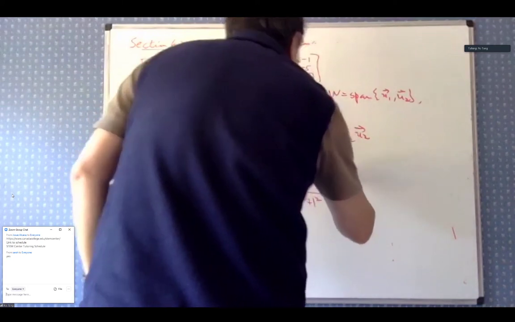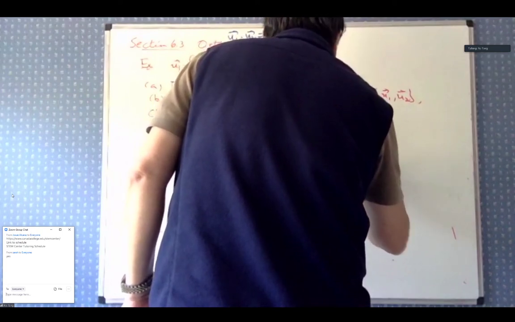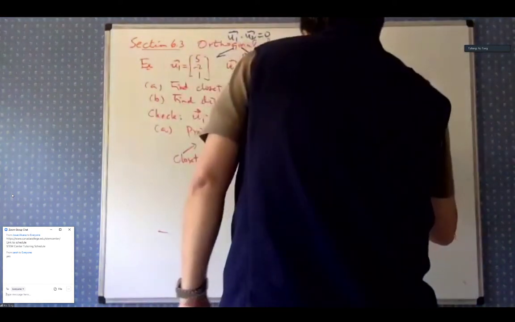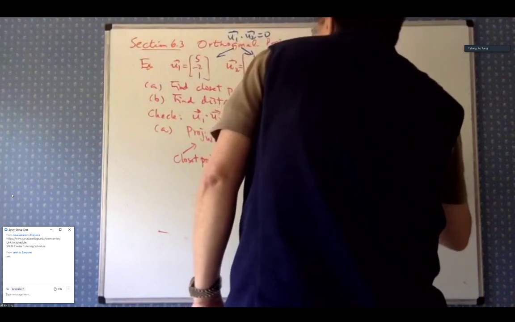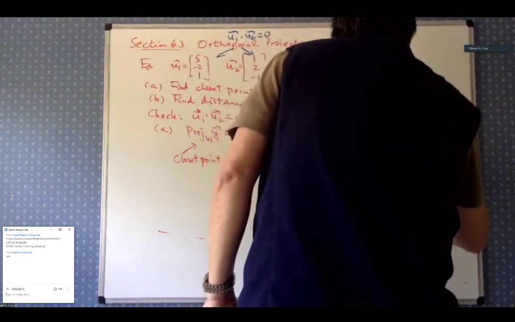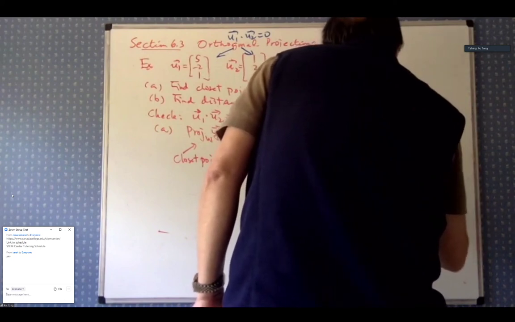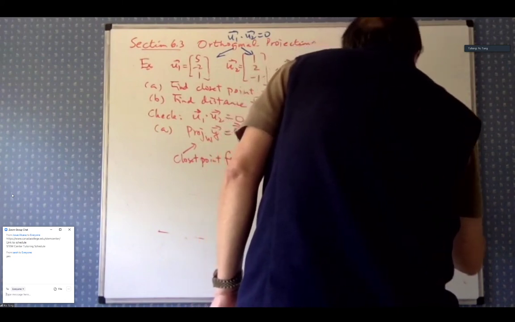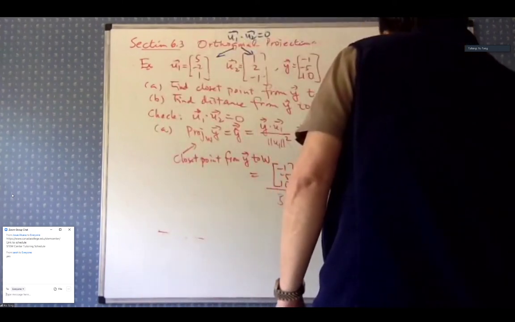And this one will be 5, -2, 1 plus -5, 10 dot 1, 2, -1 divided by 1 squared plus 2 squared plus 1 squared. 1, 2, -1. Same structure, okay?